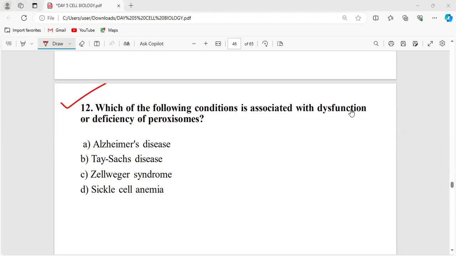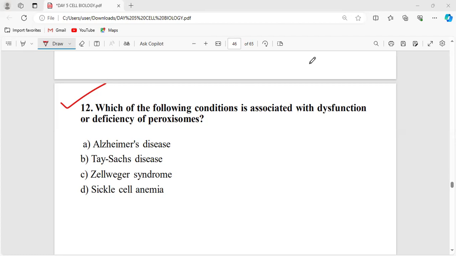Is it an inherited disease? Of course, it is a rare inherited disease.